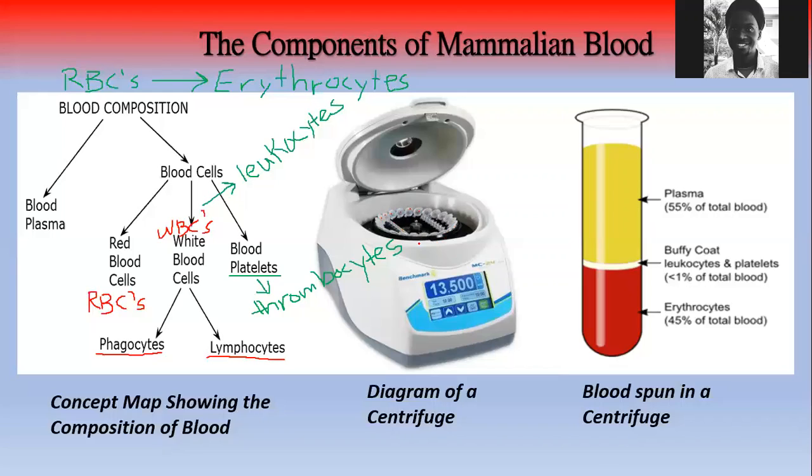And when the centrifuge spins at very high speed or velocity, it forces the heavier components of blood to sink to the base of the tube, and the lighter components to rise to the top. So that is how the components of blood are separated through a process called centrifugation.